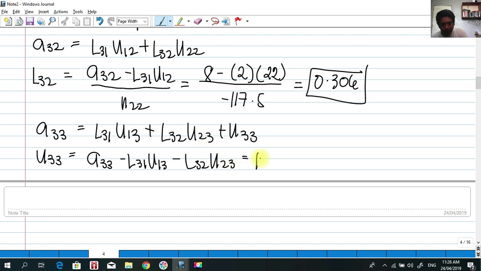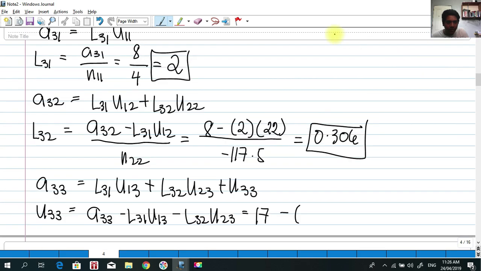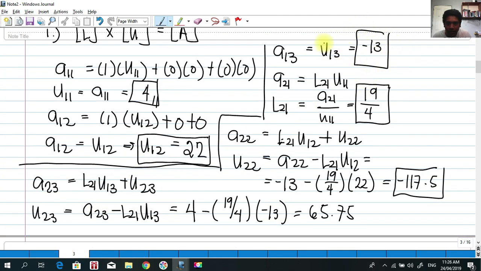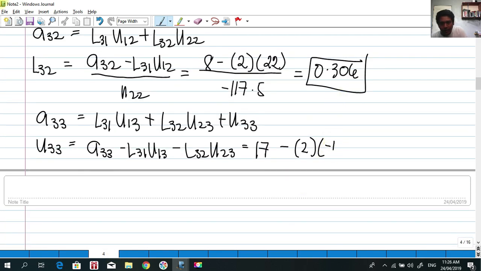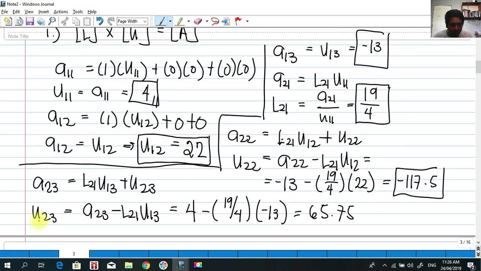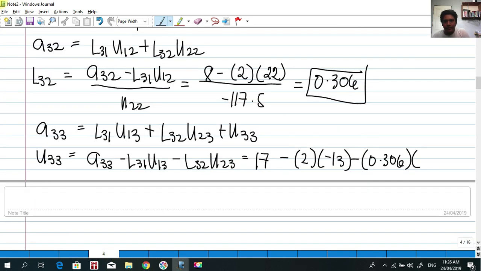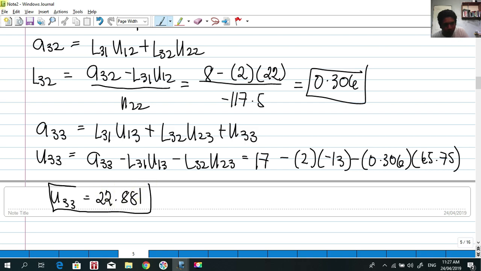So 17 minus L31, which is 2, times U13, which is negative 13, minus L32, which is 0.306, times U23, which is 65.75. Calculating that, our value of U33 is 22.881. Hooray! We're done with the first step.